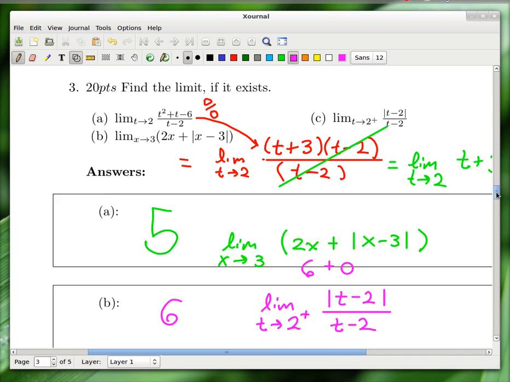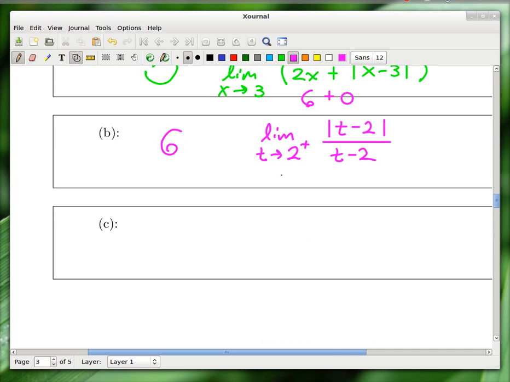Okay, so let's take a look at this. Now I want to be clear about what this plus means, so I'm going to say it again. If you've got the axes, and so here's 2 on the number line, what the plus means is that we're creeping up on 2 from the side that the positive numbers live on. So in other words, the right hand side.